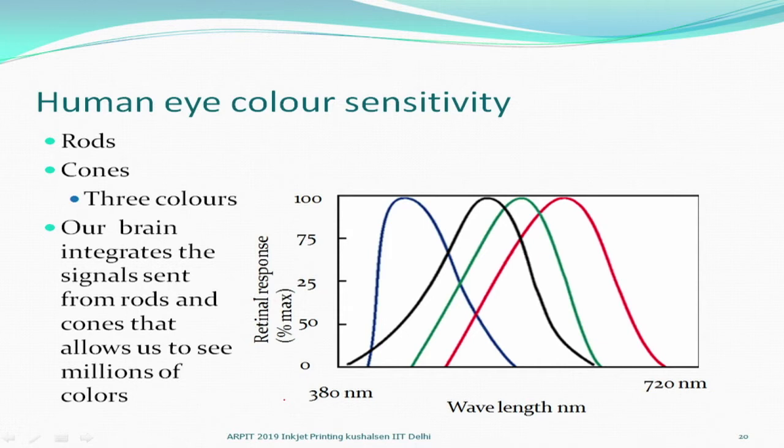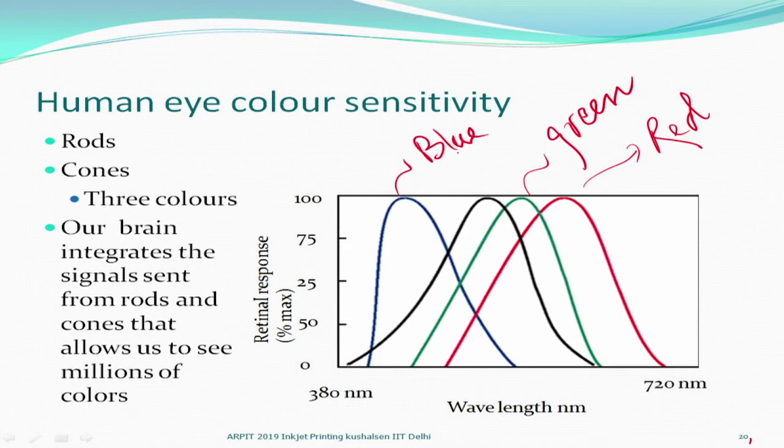For example, if you look at the spectrum here, you have 3 types of cones. One of them is called the red, the green, and a blue. These are cones, all right. This is for a rod. The rods generally perceive colors in this range which are grayish, blackish, and so forth.